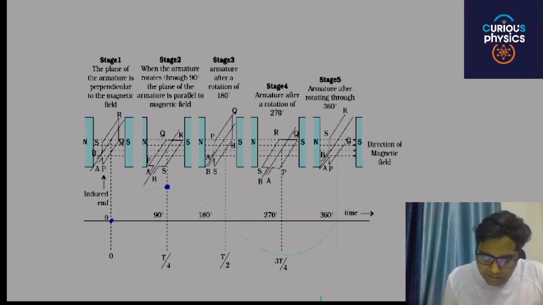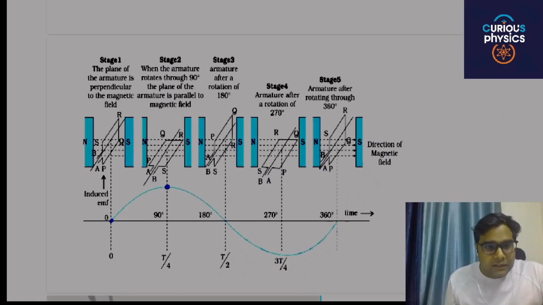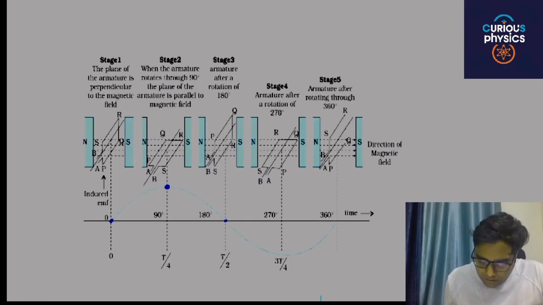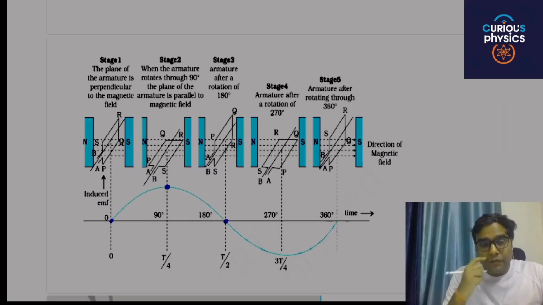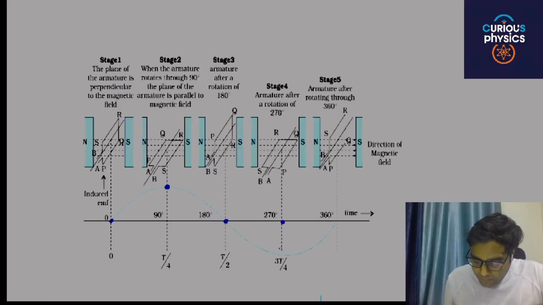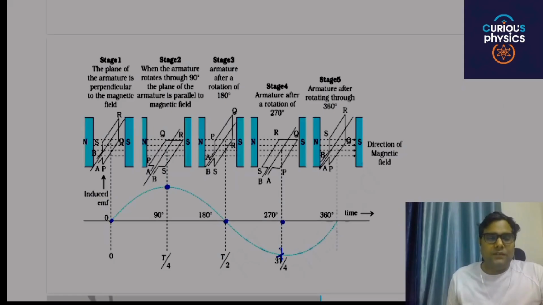Maximum at 90 degrees, minimum at 180 degrees. Again maximum at 270, but here the sign will change. Are you able to understand my point or not? And again 0.